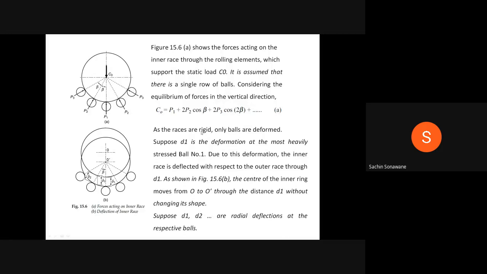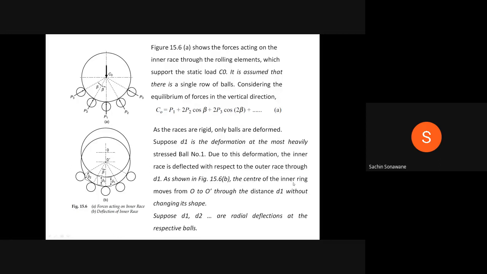Now as the races are rigid, only the balls are deformed. Suppose delta 1 is the deformation at the most heavily stressed ball number 1. Due to this deformation, the inner race is deflected with respect to the outer race through delta 1, as shown in figure 15.6b.